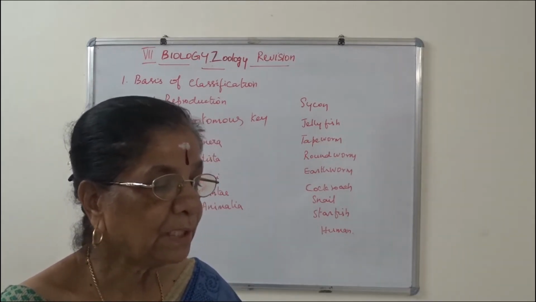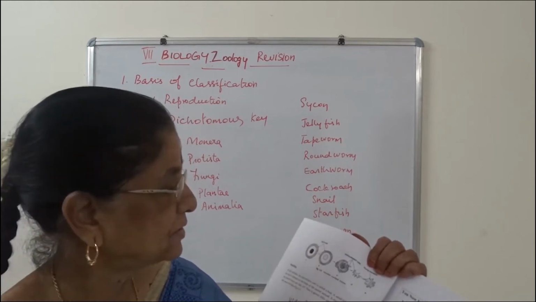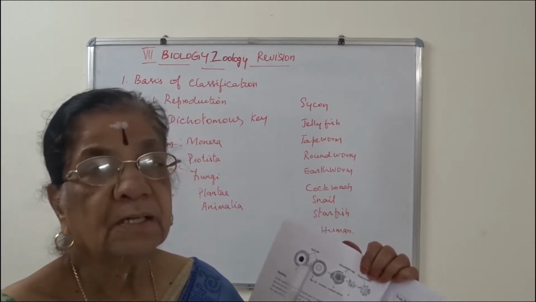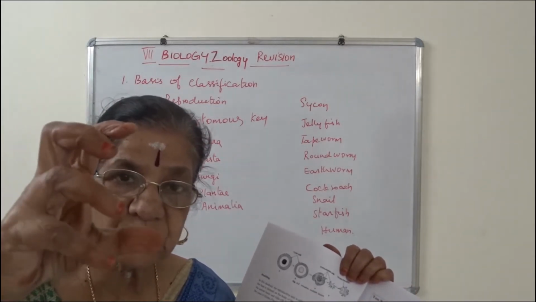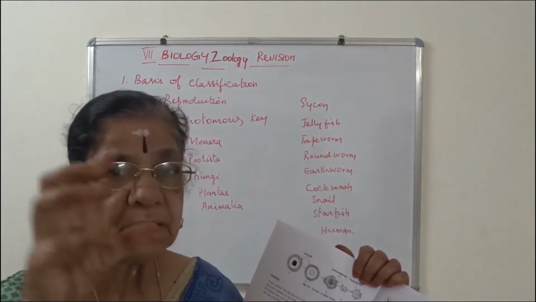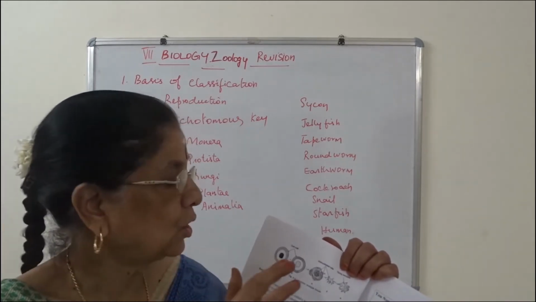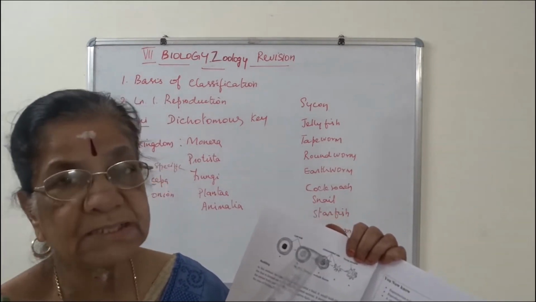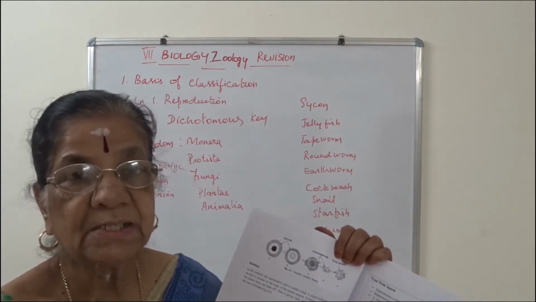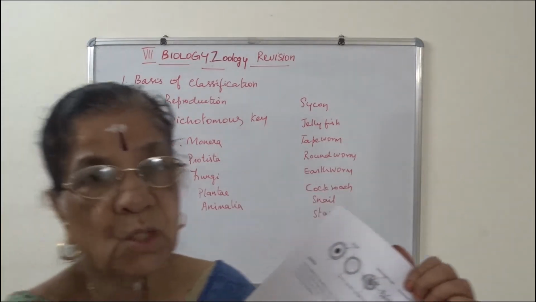Whereas in multiple fission, the amoeba will remove all its pseudopodia and form a round, spherical structure, and that is called cyst, spelling CYST. This cyst makes a wall around it, called cyst wall.